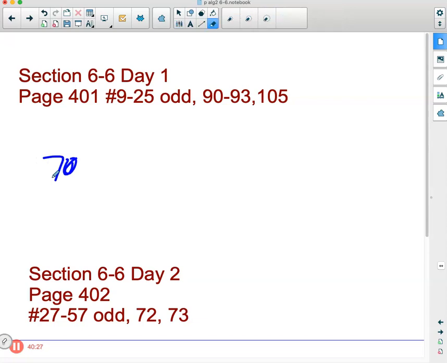I mean, everybody sees 70% off and it's like, woohoo! That's a lot of money. But that is how much you get off. What we really care about is how much are we paying? So if we're not paying 70%, how much of the cost are we paying? 30%.